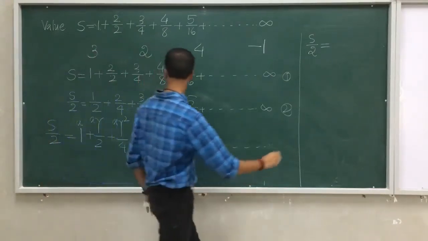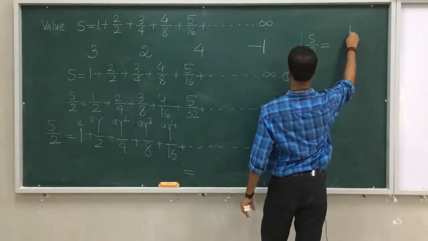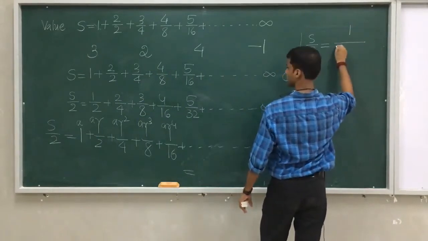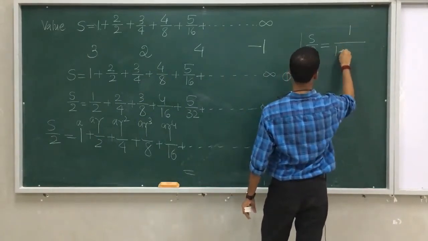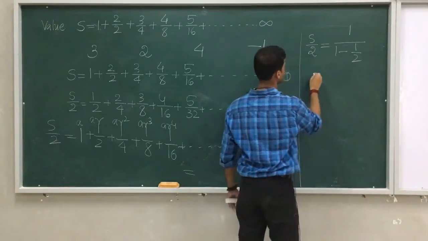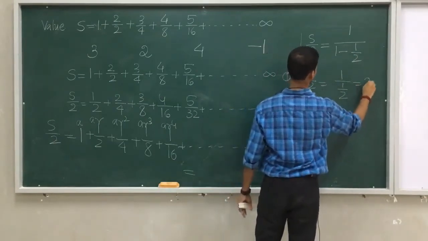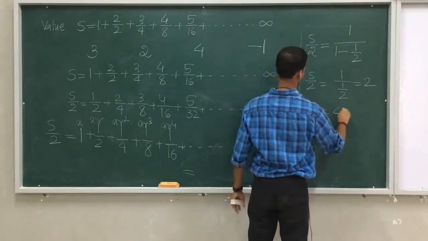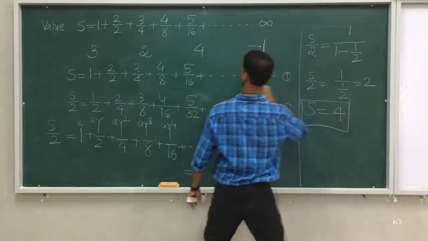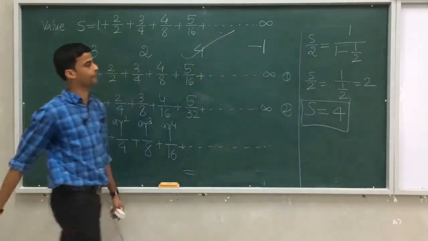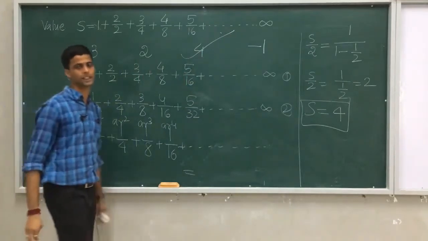So I can say the first term is 1, the common ratio is 1 by 2. So S by 2 is equal to 1 by 1 minus 1 by 2, which is 2. So S equal to 4. Yeah. Option C. Look at the application of such questions.